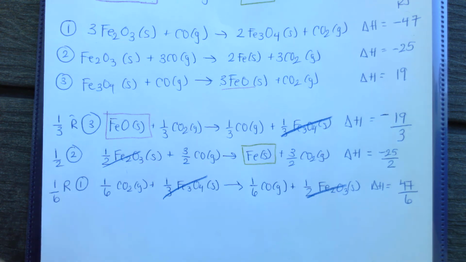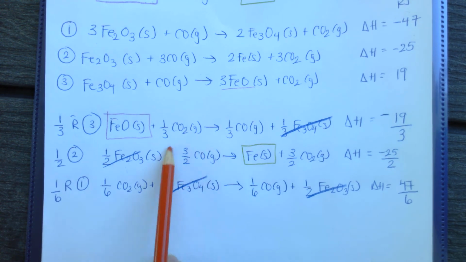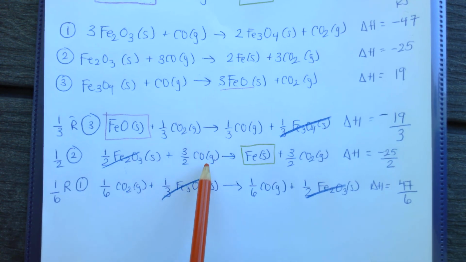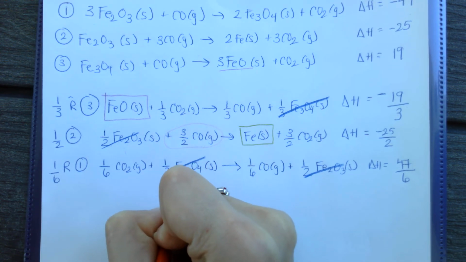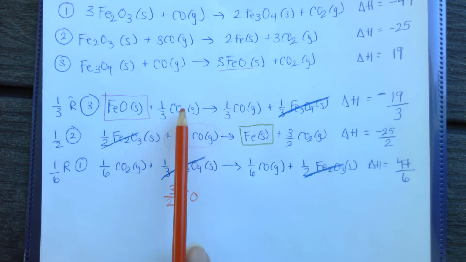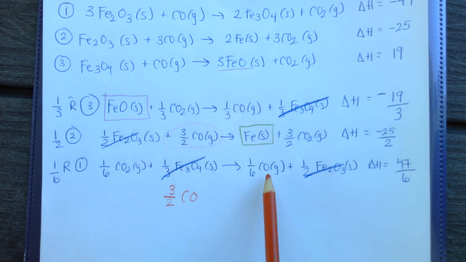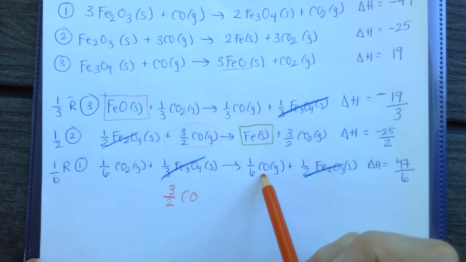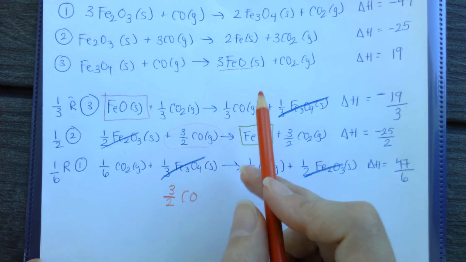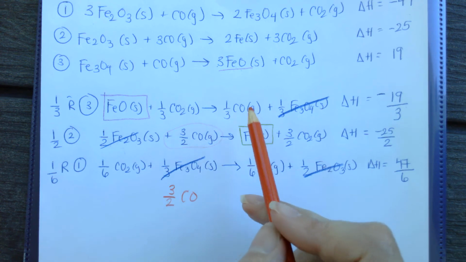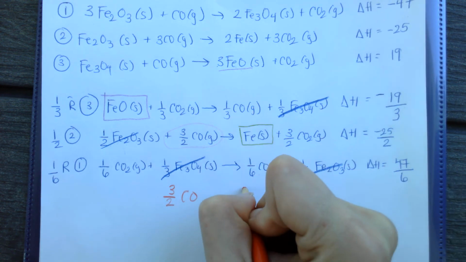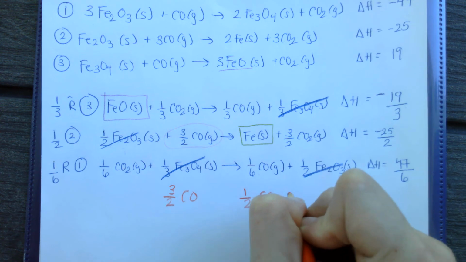Okay, so now we're going to deal with the CO2 and the CO. Okay, so if we look over here, we have 3/2 CO. Okay, so that's CO2, that's CO2. If we look over here, in terms of CO, over here we have 1/3 and 1/6. If you did some common denominators and added those together, 1/3 plus 1/6 is 1/2 CO gas.